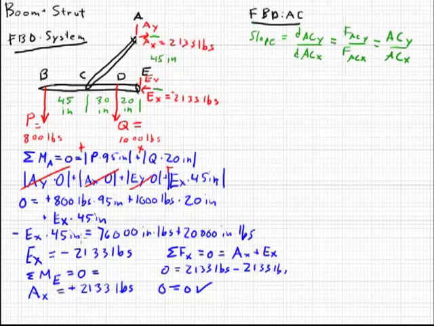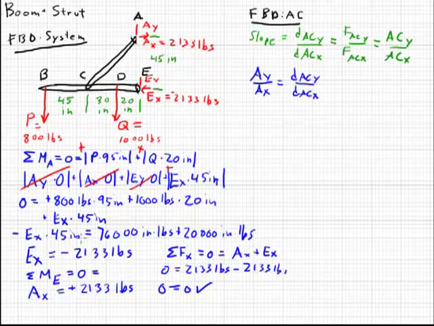So we don't know AY, but we do know AX. AY over AX equals the distance AC in the y over the distance of AC in the x.